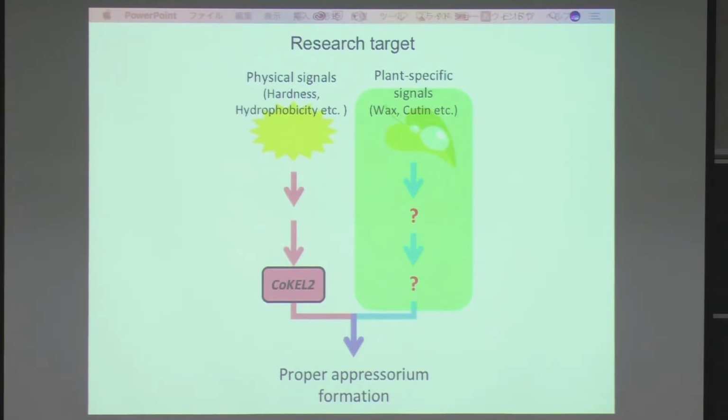To achieve this goal, we conducted forward mutant screening for forming abnormal appressoria on the plant with the COK2 mutant background, namely the double mutant, considering the redundancy.